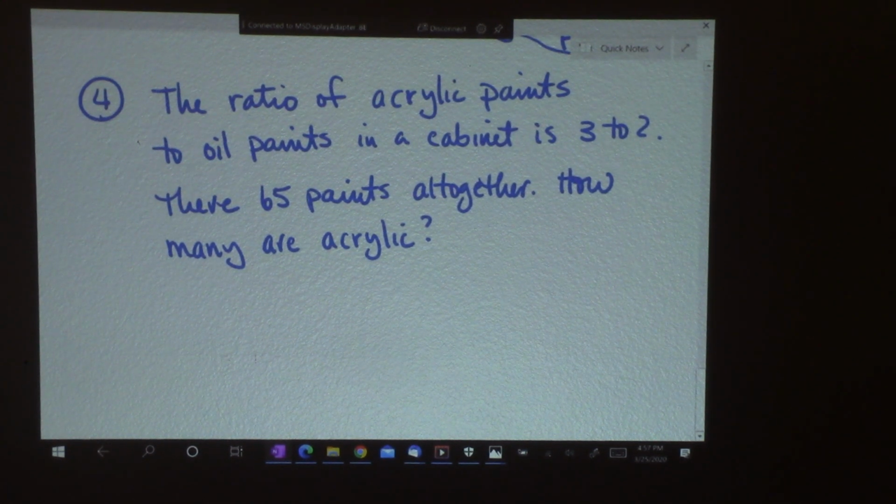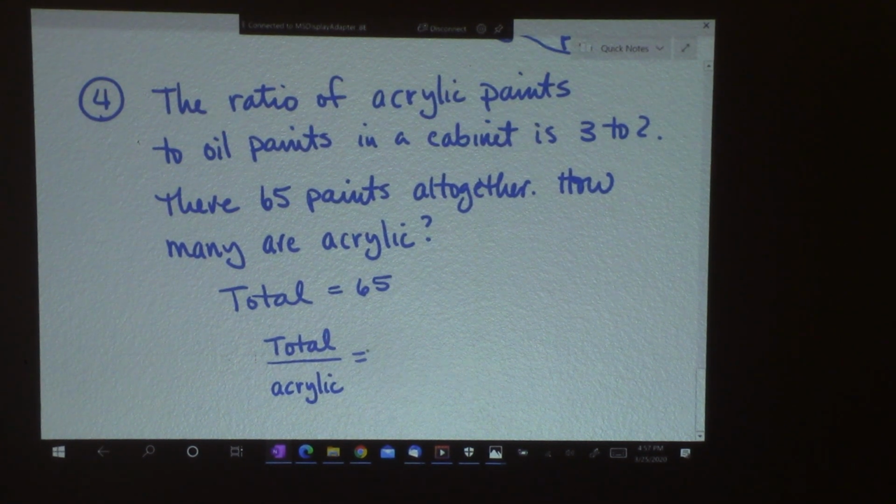The ratio, excuse me, of acrylic paints to oil paints is 3 to 2. My total here is 65. So I have that number. So when I'm thinking of a ratio, I'm going to have total over the number of acrylic. Okay? So I have 65 over x.